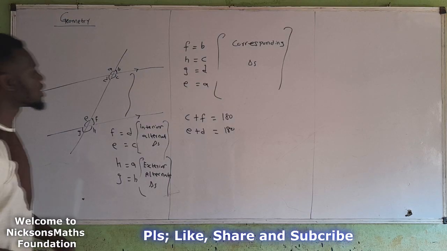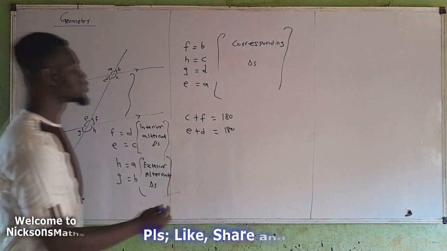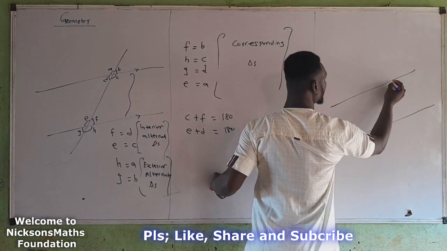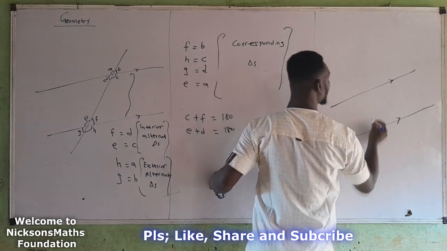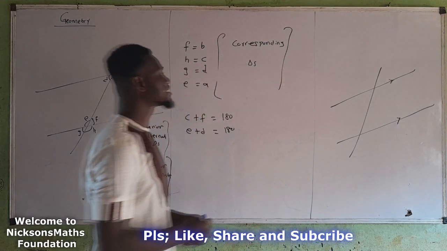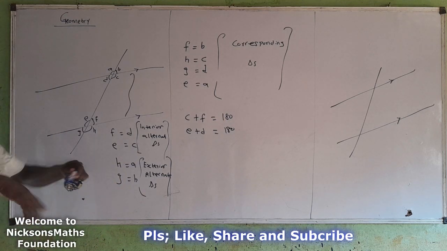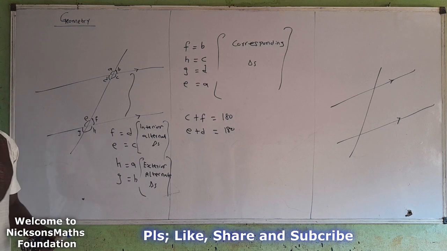Okay, so now let me do something here. Let's get some parallel lines here. You shouldn't find this type of question difficult. Once an angle is given to you, you can easily generate all the other angles.